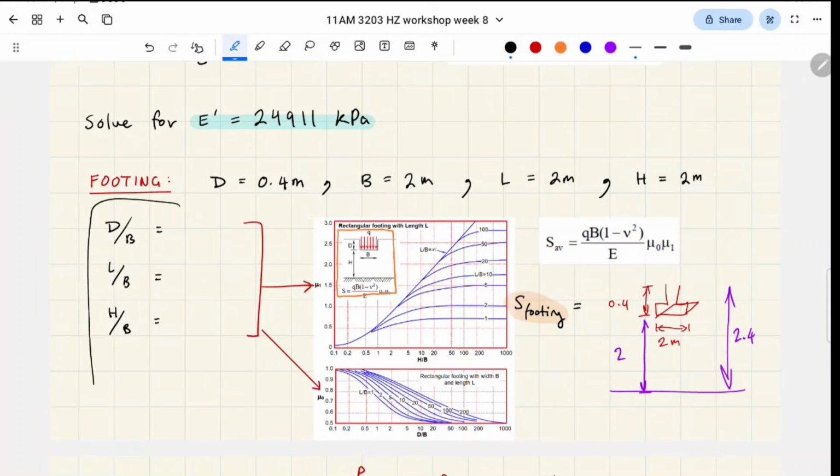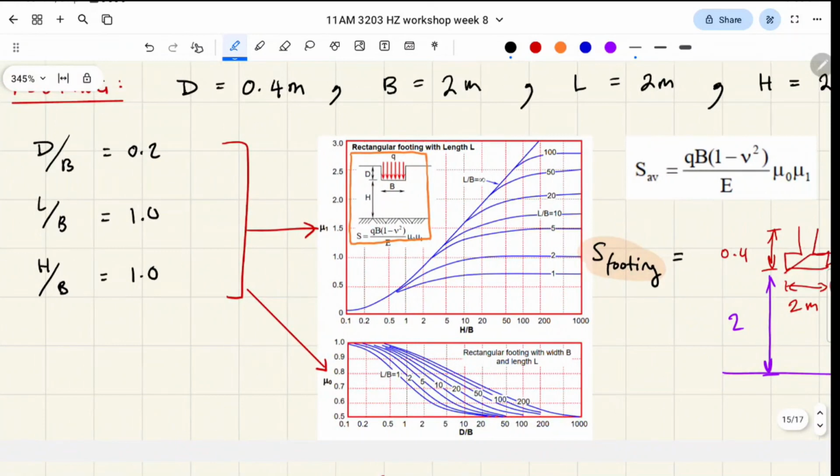Now we're going to do the ratios here on the left. So 0.4 divided by 2 is 0.2. 2 divided by 2 is 1. H divided by B, so 2 divided by 2 is 1. We're going to do the same thing to find our mu1 and mu0, okay?